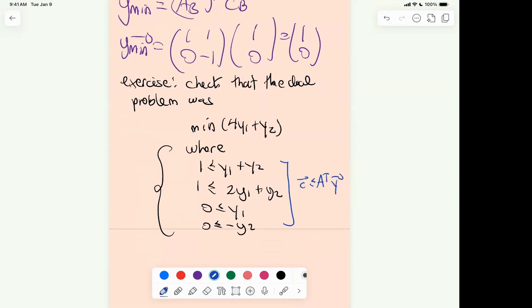This is equivalent to it. So there are no extra conditions.